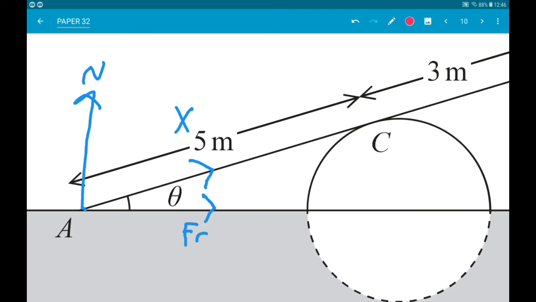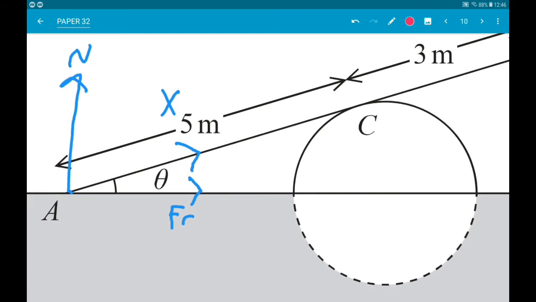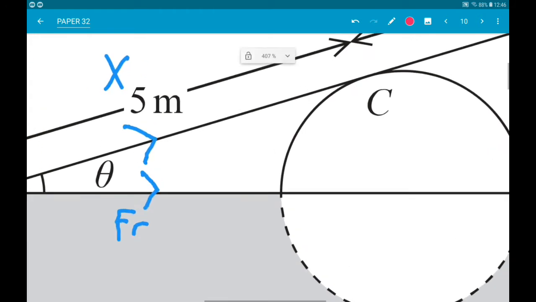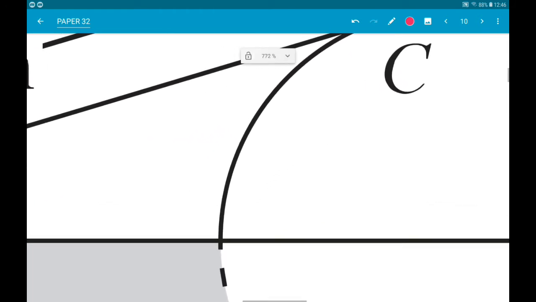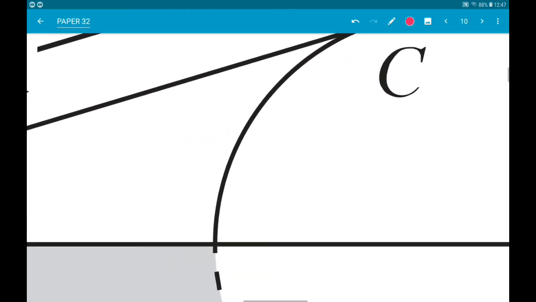So there is a point 4 meters along where the weight is acting down. Hopefully this will work. Let's say that this point here. Now the mass was 20 kilograms, so this is 20g.